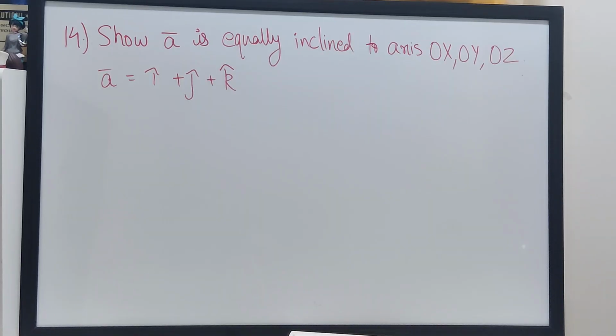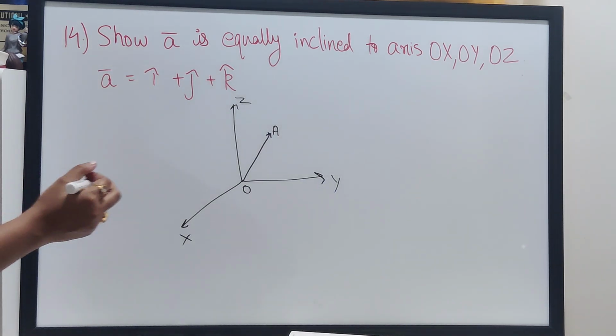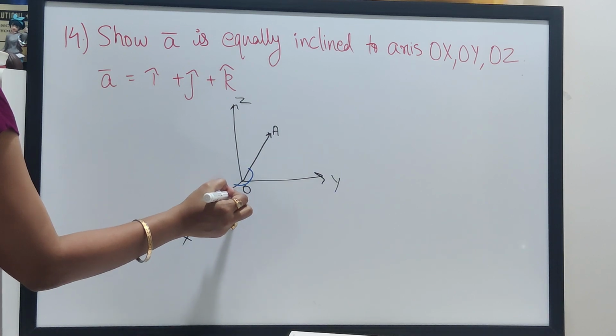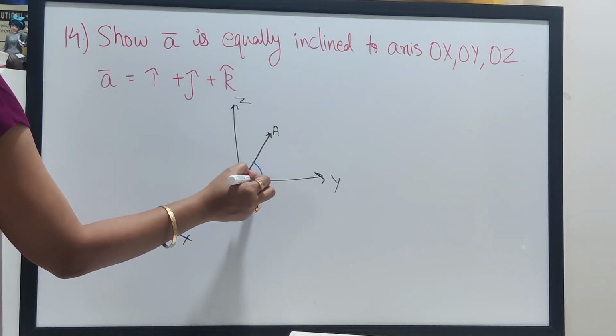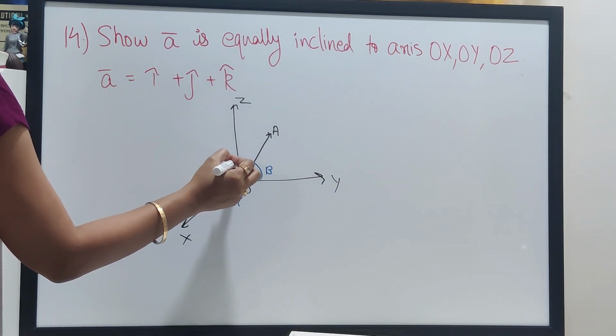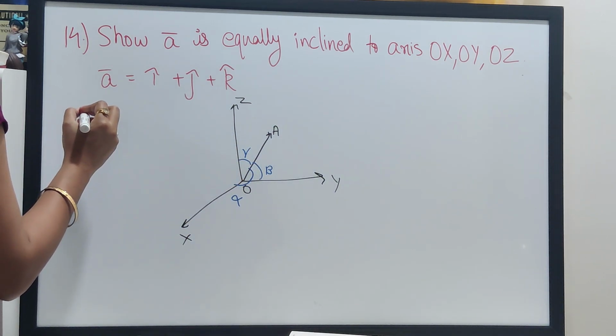Next question, show vector A is equally inclined to the axis OX, OY, OZ. So take out the unit vector and see where they lie. So unit vector will give you l, m, n. What are l, m, n? Nothing but cos alpha, cos beta, cos gamma.